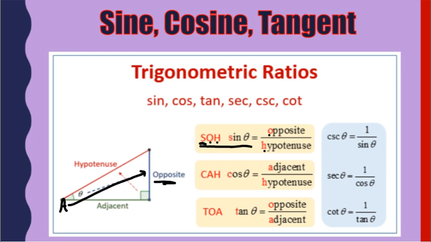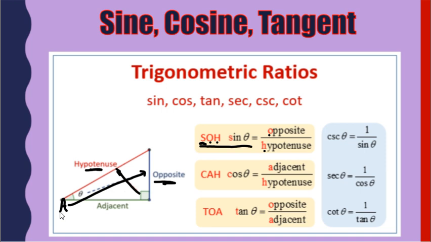That's the opposite. Adjacent is always touching the angle, but it's not the hypotenuse. So the adjacent is always the leg that touches the angle. The hypotenuse is always opposite the right angle. Just remember that when you do opposite over hypotenuse or adjacent over hypotenuse.